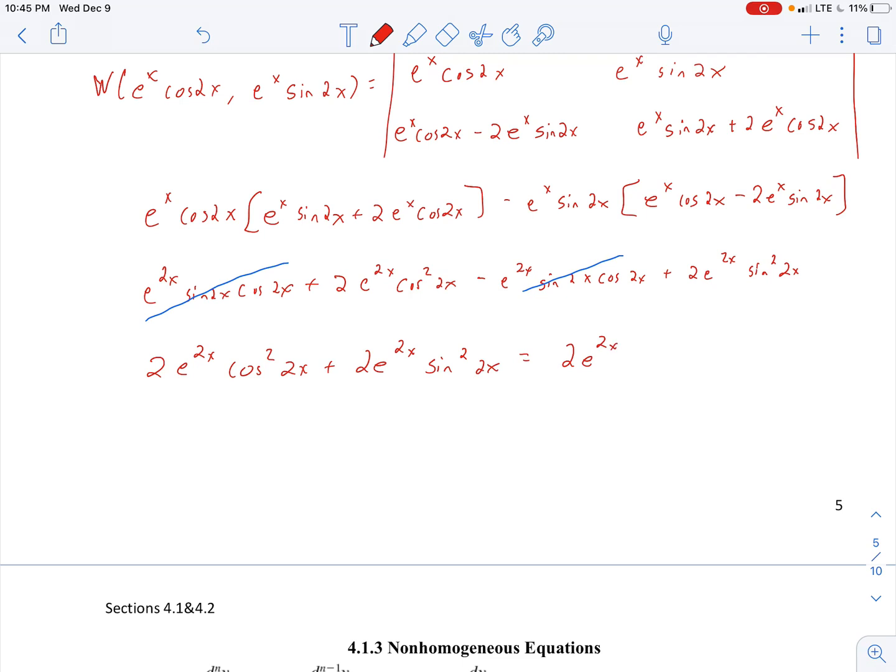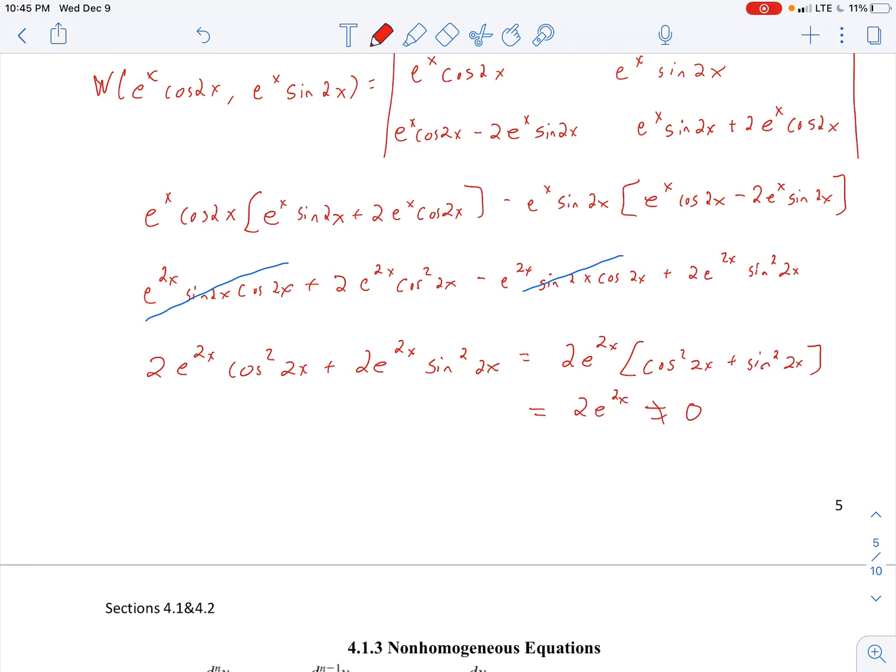Pull out a 2e to the 2x, and we're left with cosine squared 2x plus sine squared 2x, which equals 1. So our Wronskian is equal to 2e to the 2x, which is not equal to 0.